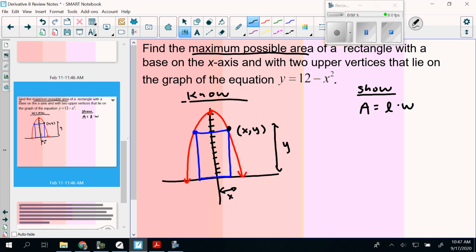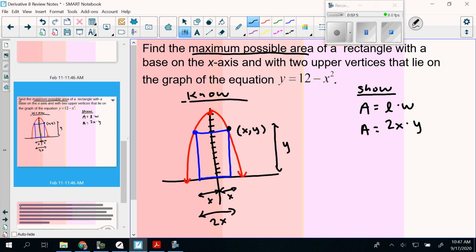So we can relabel the area equation in terms of x and y. The length across here would be, if that's x, that's also x, so the total length across would be 2x, times the height here, y. So our area equation in terms of x and y is 2x times y.